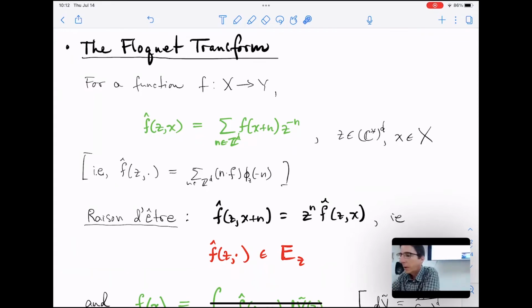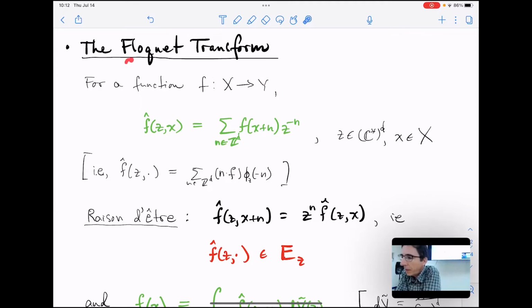Now, I want to show you how to take any function from X to Y. Y can be your favorite Hilbert space, just the complex numbers. And I want to show you how to decompose f into those different eigenspaces. And then we're going to go to our Schrödinger operator and decompose it onto those eigenspaces. But first, we need to know how to do the decomposition in a practical way.